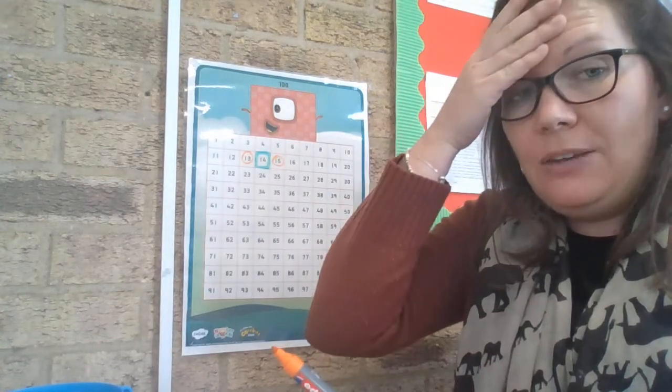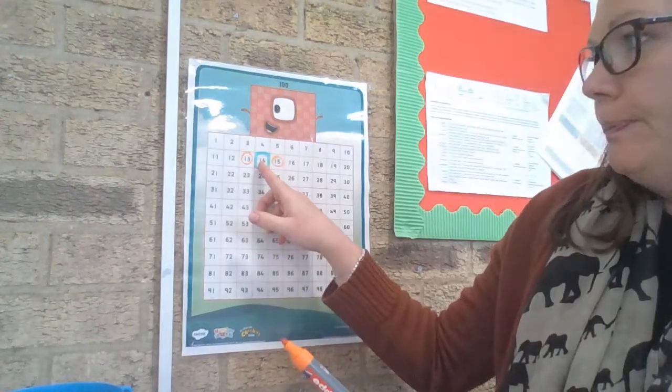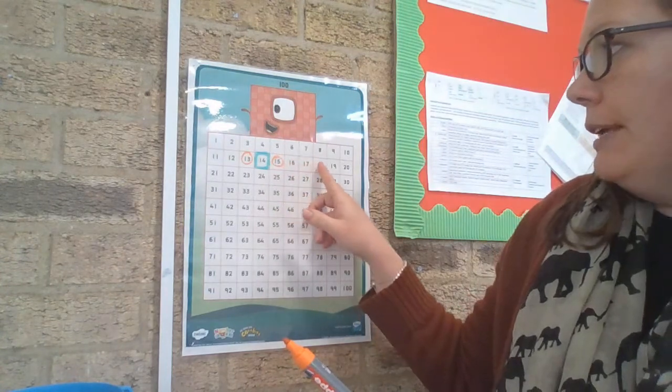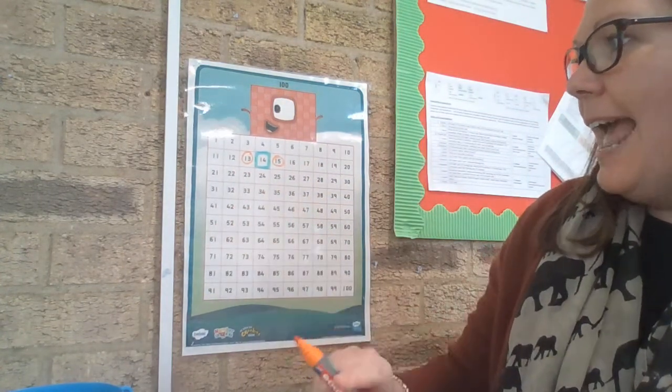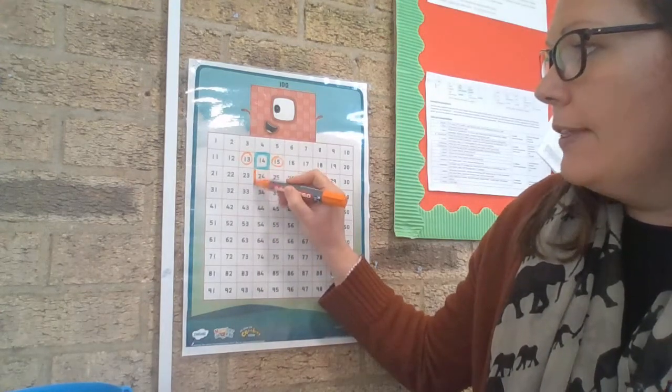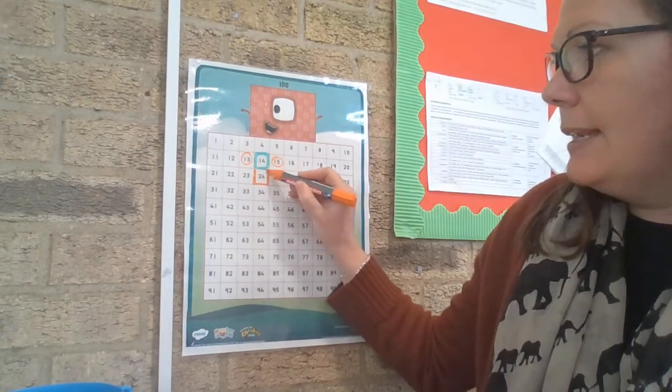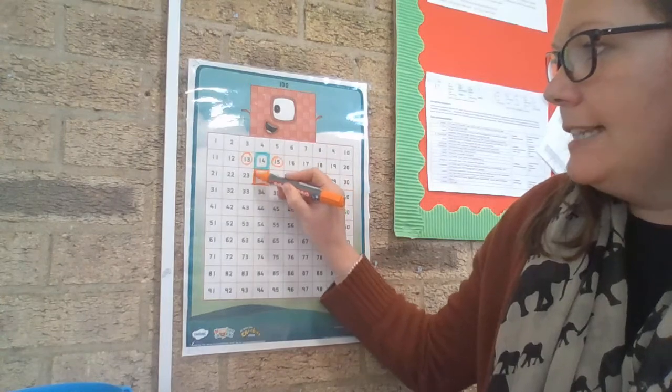Okay, I'm going to see if you can find 10 more than 14. Maybe you already know it in your head. Maybe we can count on. Maybe you can just find it. How would you find 10 more? Where would you jump on your 100 square? I'm going to count it. Are you ready? 1, 2, 3, 4, 5, 6, 7, 8, 9, 10. So 10 more than 14 is 24. I know that if I add 10 more to 14, it would make 24.